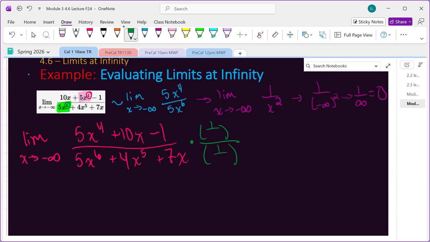You're going to end up at the same answer. You just might end up inverting a fraction twice, depending on which one you pick. So I usually go with whichever power is smaller of my two biggest terms. So I'm going to cancel out x to the 4th.